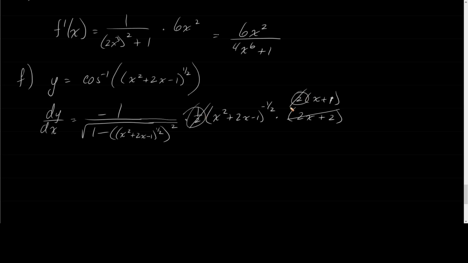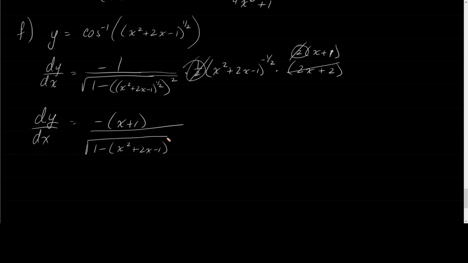So dy/dx is equal to the negative of x plus 1 over the square root of 1 minus the square root squared. Those cancel each other out, so I have x squared plus 2x minus 1. And on the bottom we still have all of this, so I'm going to bring this down to the bottom with a positive exponent: x squared plus 2x minus 1.